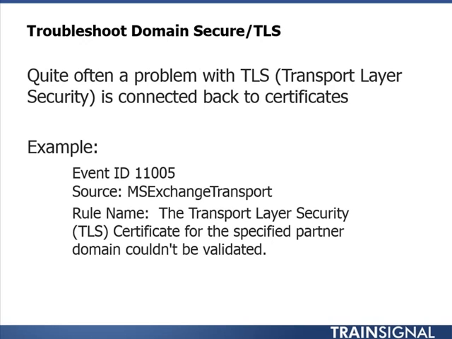So if that partner domain couldn't be validated, you might want to check with them and make sure that their certificates are configured properly. You can also do research based on the event ID or based upon the various error messages that you see coming back, and research that in order to find out if others are having a similar problem and find out what they've done to rectify the issue.